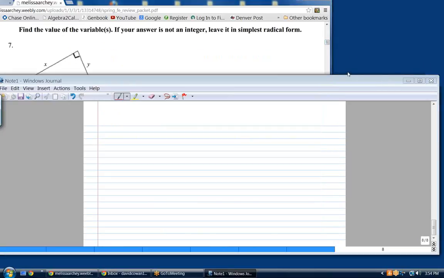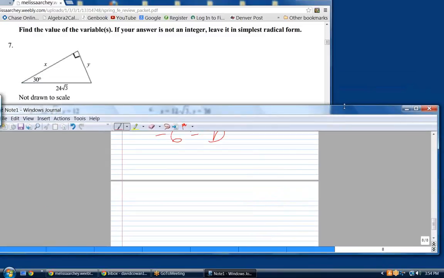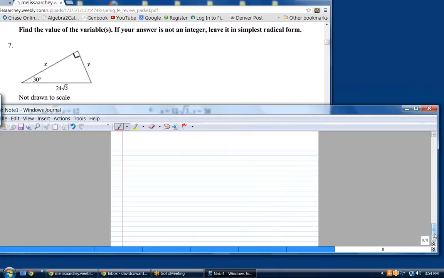Okay, on this one they want it left in simplest radical form also. Now on this problem, it's tough to solve this using the Pythagorean theorem. Why? Because they've only given us one measurement.